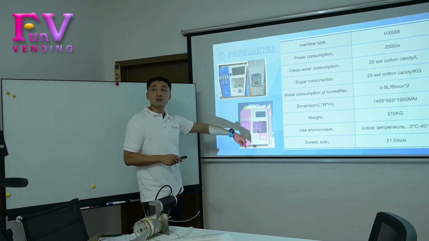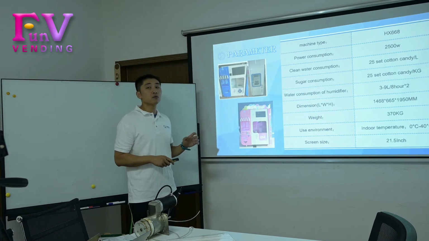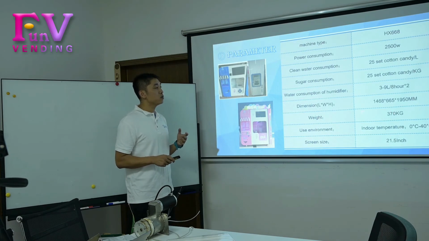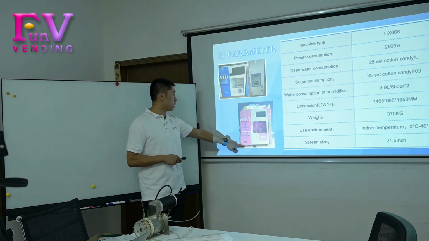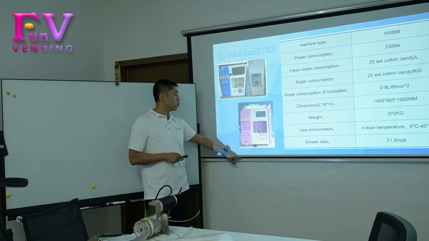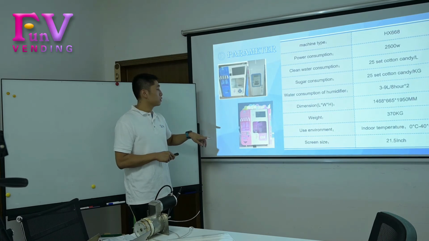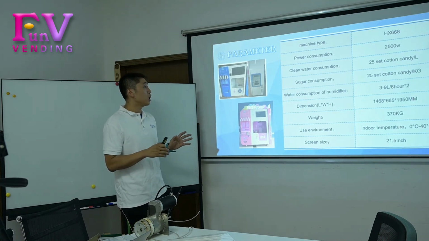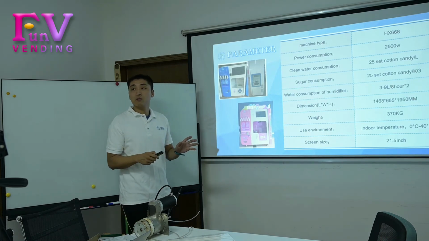Maybe some people, like women, will think it is too heavy for us. Don't worry, because you can see this is a wheel. This wheel makes the machine move very smoothly, and we can turn and move it very freely.